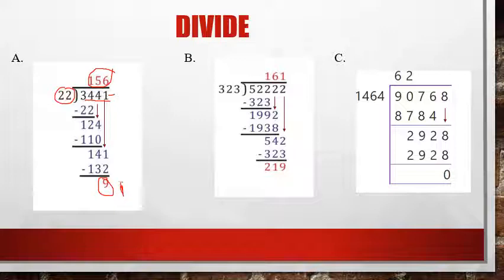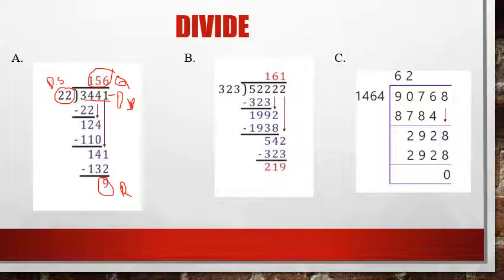This is your remainder. Okay, this is your quotient. This is your divisor. Okay, and this is your dividend, and this is your divisor. Clear? So dividend we will divide with divisor.